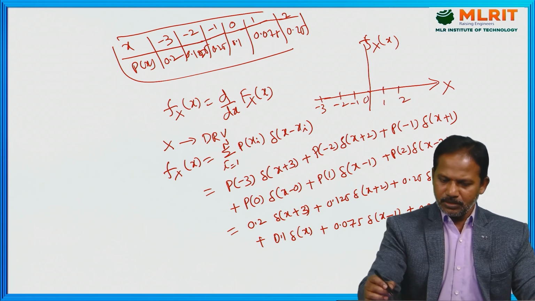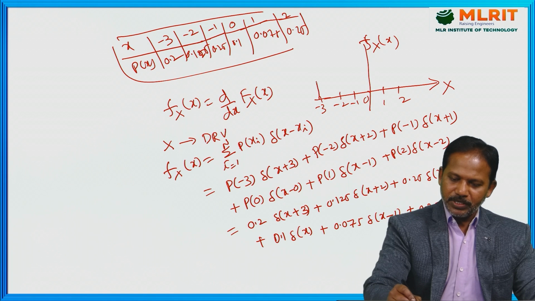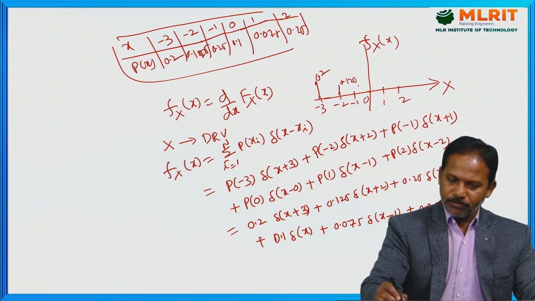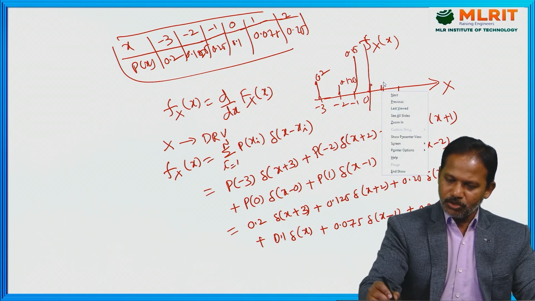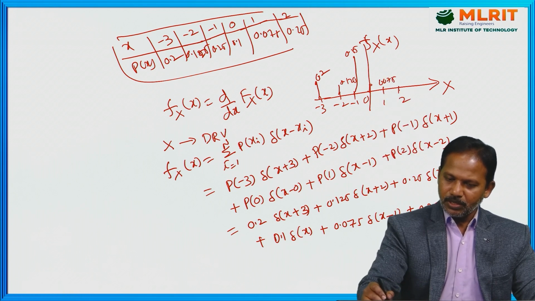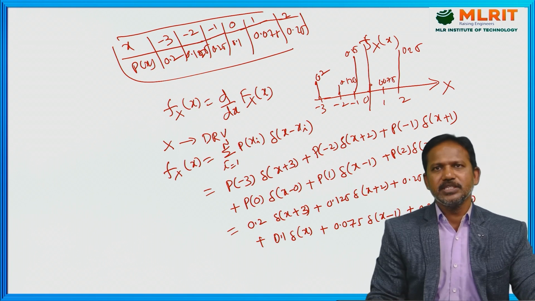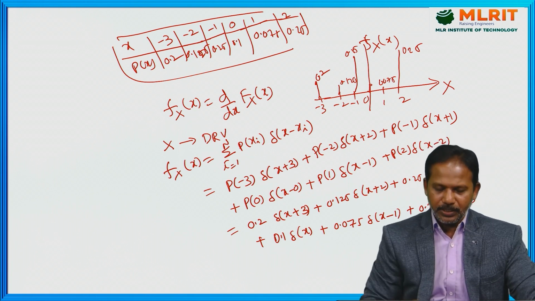At -3, my value is 0.2, and at -2 the value is 0.125, and at -1 the value is 0.25, and at 0 the value is 0.1, and at 1 the value is 0.075, and at 2 the value is 0.25. So this is the graph for the probability density function.